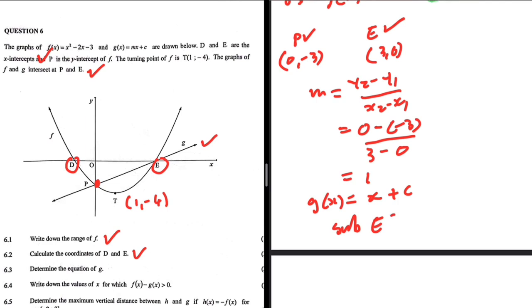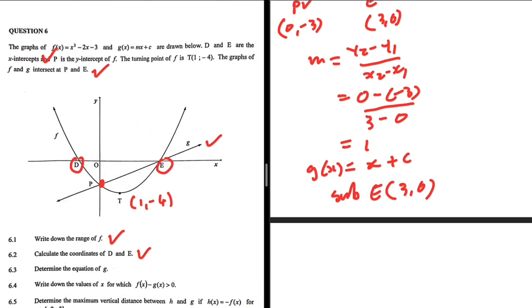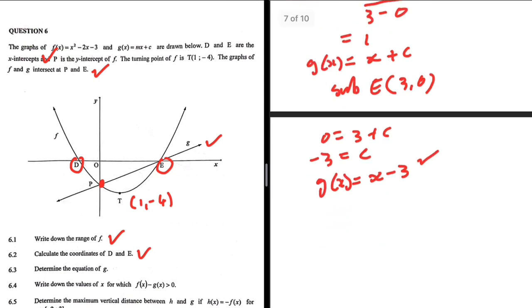Let's substitute e because the values are positive, so we are less likely to make a mistake there. If we do that, we have the y value is 0, the x value is 3, plus c. So minus 3 is equal to c. So g of x is equal to x minus 3. There we go. That is 6.3.